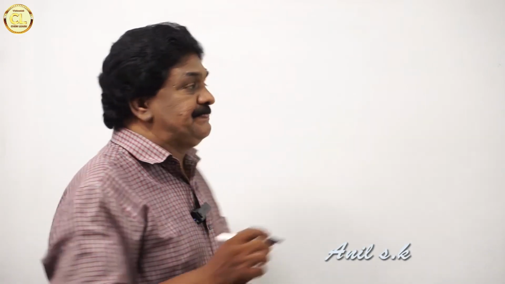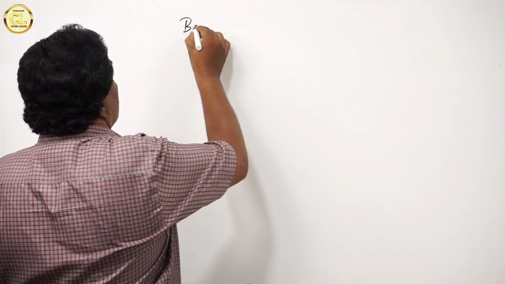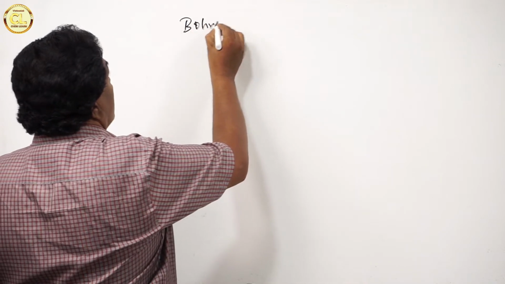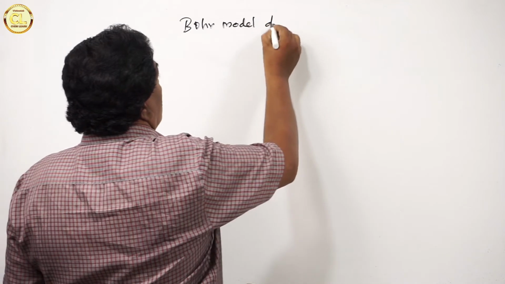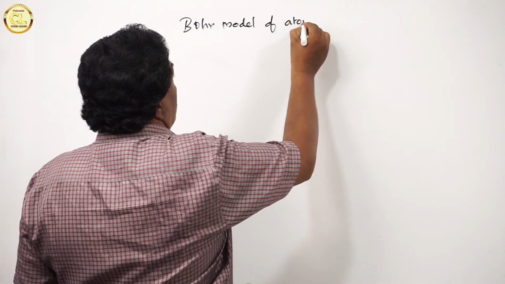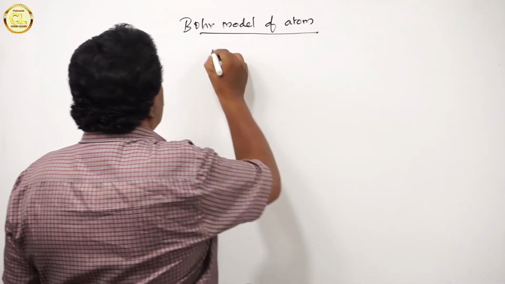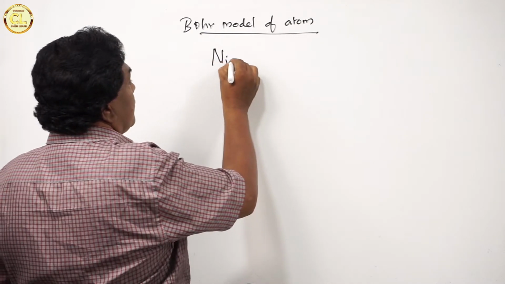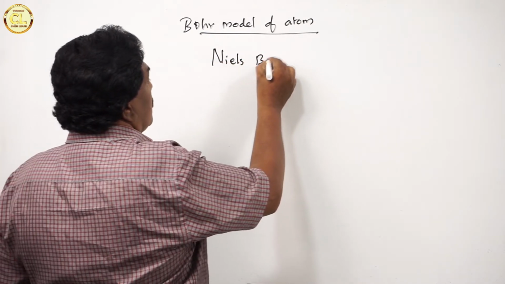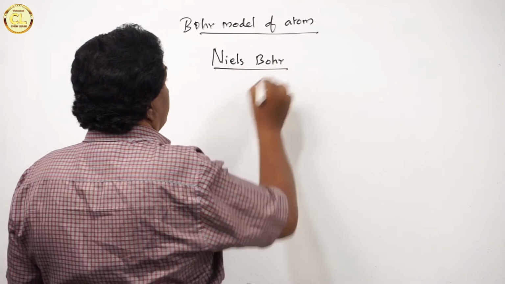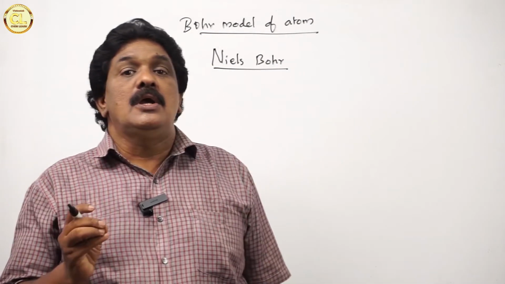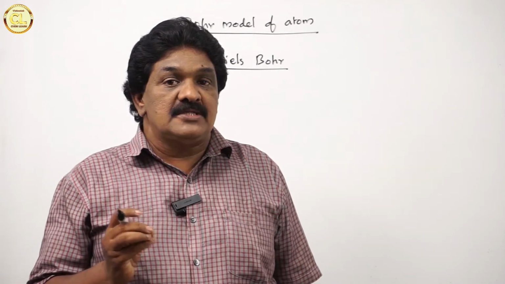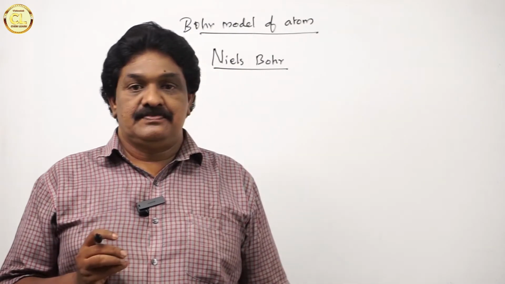Now we are going to learn the Bohr model of atom. Niels Bohr gave the quantitative explanation of the structure of the hydrogen atom.